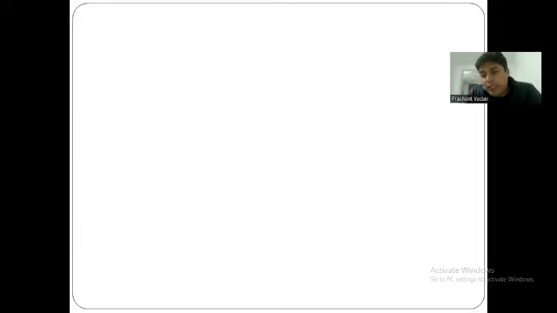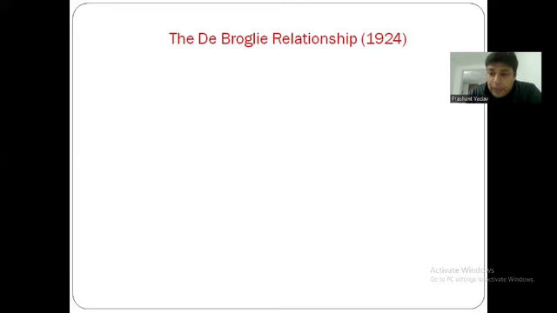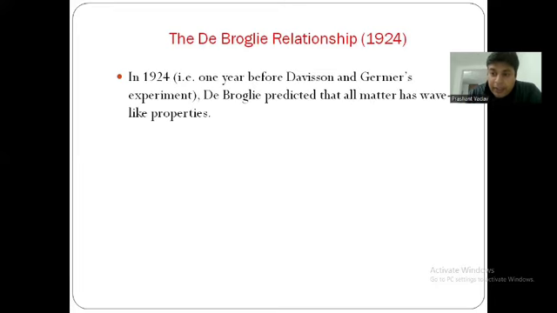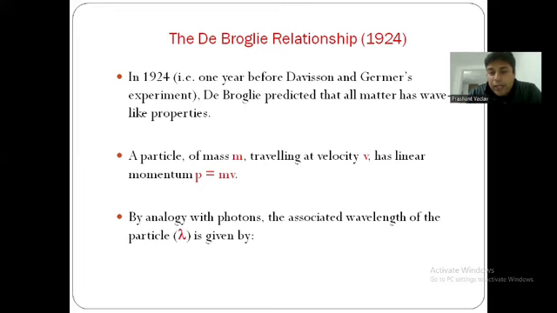In black body radiation and the photoelectric effect, we have seen the photon behaving like a particle, but de Broglie introduced a concept in 1924 which shows that matter also has wave nature. It calculates the wavelength of the wave associated with the particle.